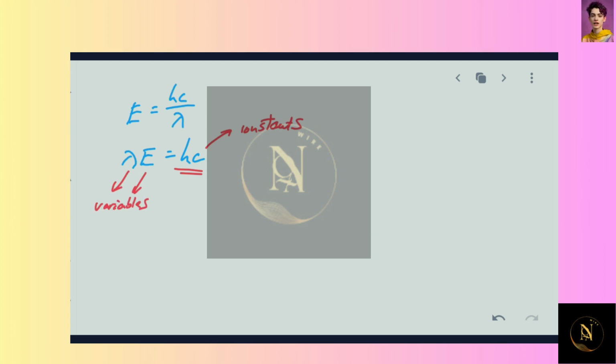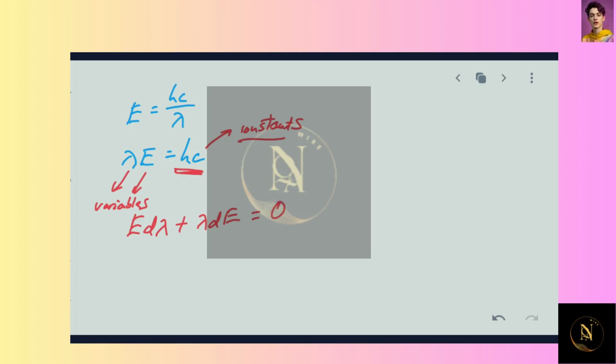They can vary. So if you were to differentiate this equation, you get d lambda times E plus lambda dE equals the differential of hc, which is a constant.